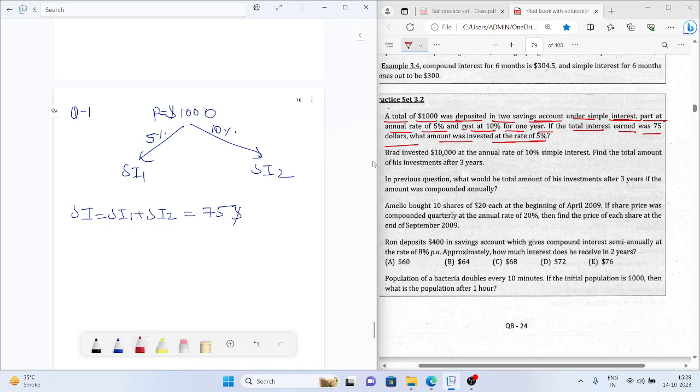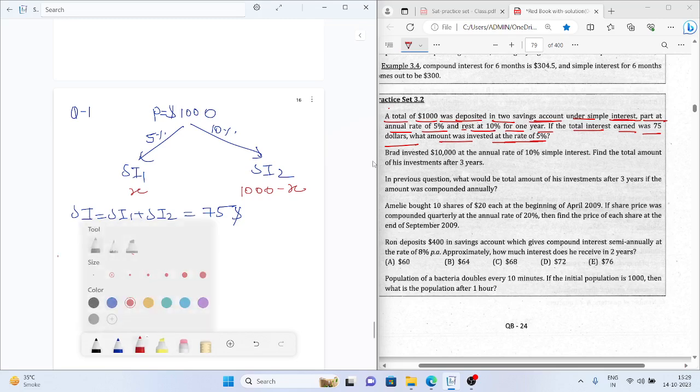So he asked what principal amount he invested at 5%. Let's say at 5% he invested X amount. So what he invested at 10% is the remaining one. So what is the remaining one? This one.